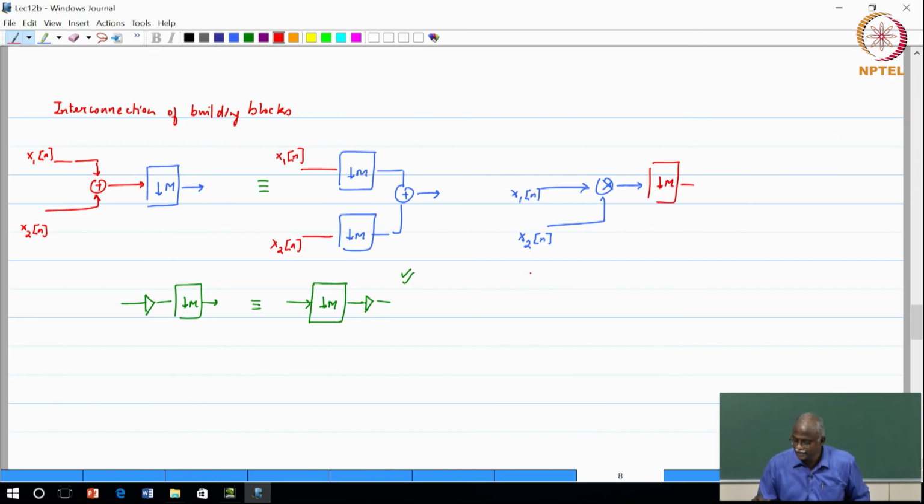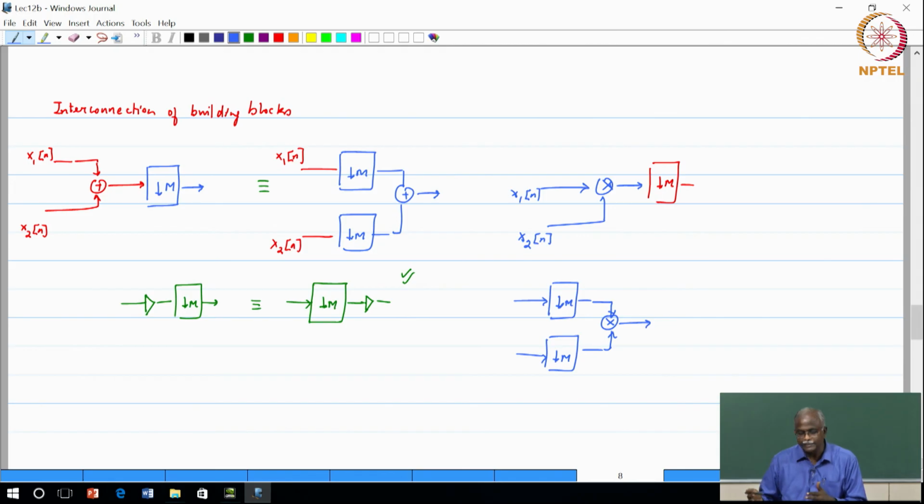So, the better option would be to take each signal, downsample by a factor of m, and then do the multiplication, because anyway you are going to keep only these samples. So, you start to think in terms of which is more efficient. The notion of efficiency comes in, and that is pretty much what I wanted to leave you with. Yes, these are all equivalent, but you may want to think about whether you are doing some wasteful computations, and if so, how to avoid it.